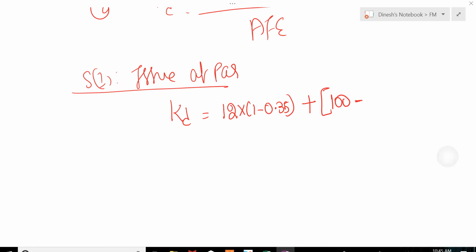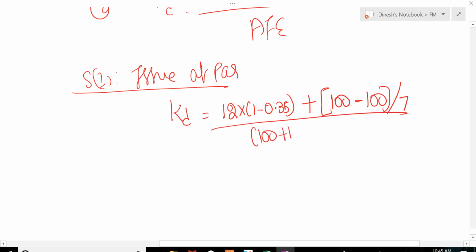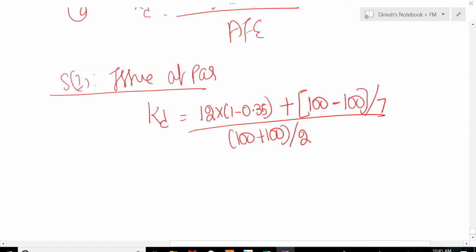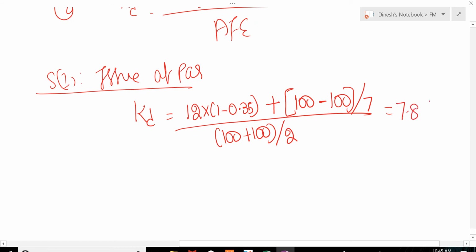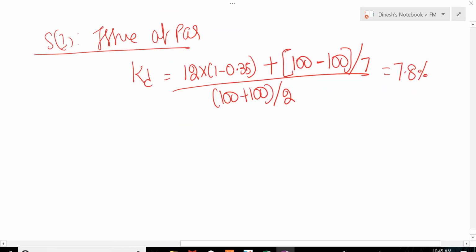So as of now it is 0 only. 100 minus 100 divided by 7. Twelve into 1 minus 0.35 plus 100 minus 100 by 7 divided by 100 plus 100 by 2.